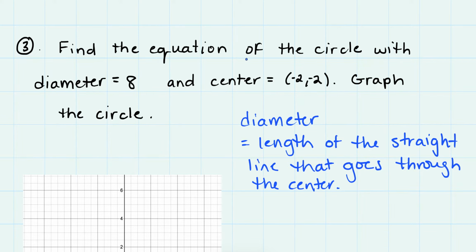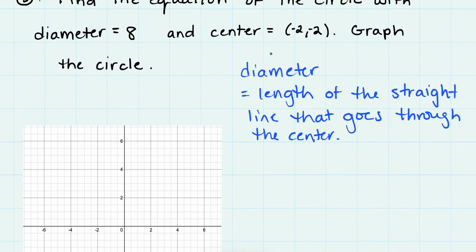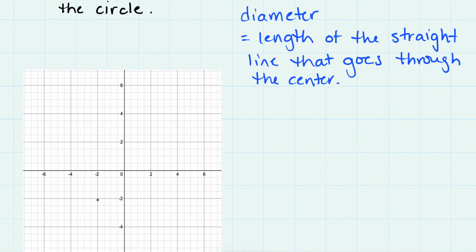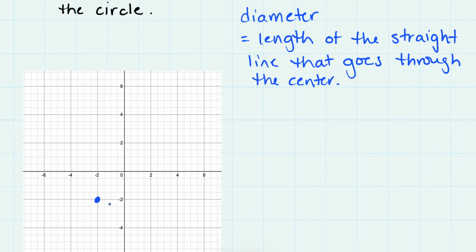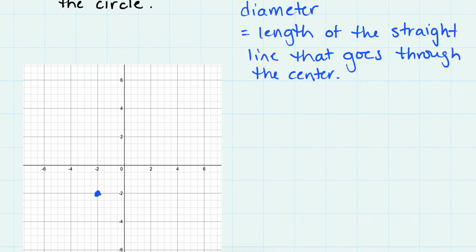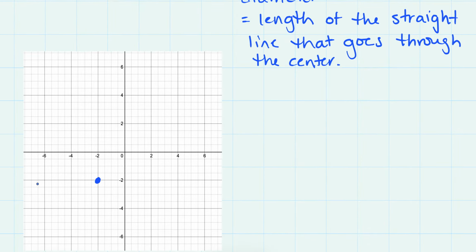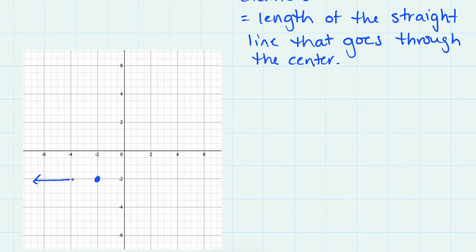Okay, so let's draw the center first. -2, -2. That is right here. And like I said, when we make a circle, we put points to the left and the right and above and below. And let's say we have some line going through this center here.